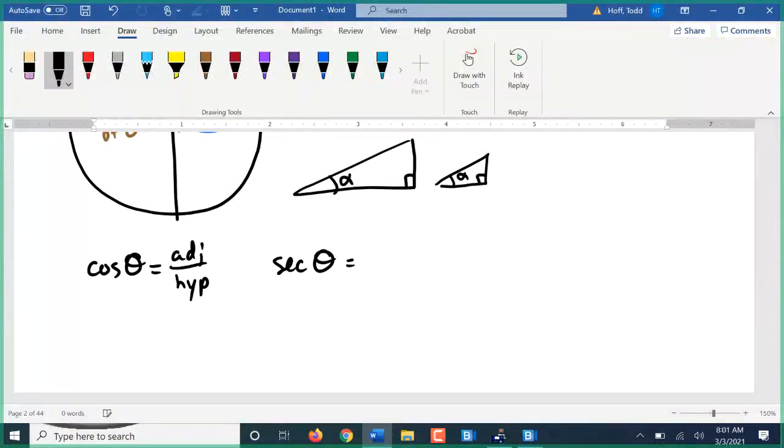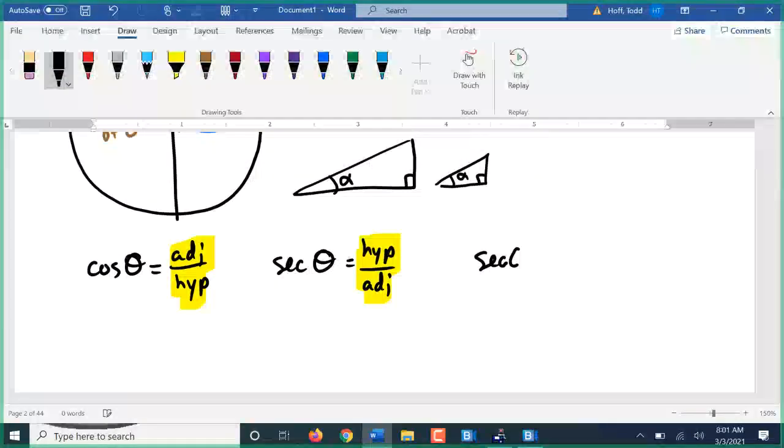Secant of that angle is the hypotenuse over the adjacent side. Do we see a relationship there? Those are reciprocals, right?